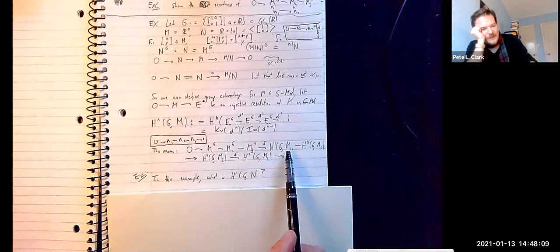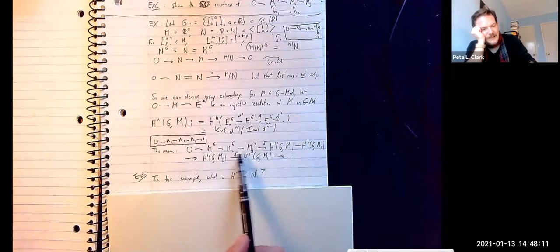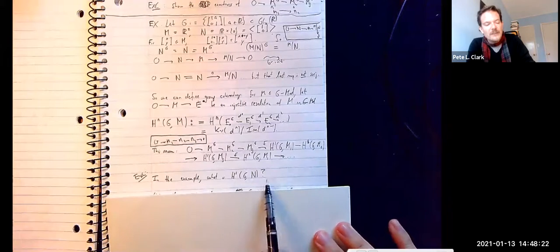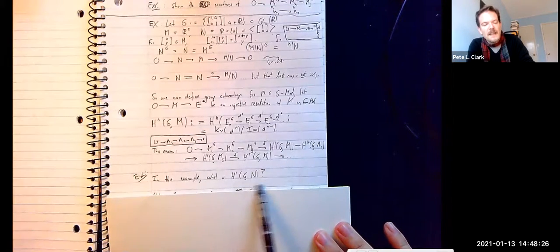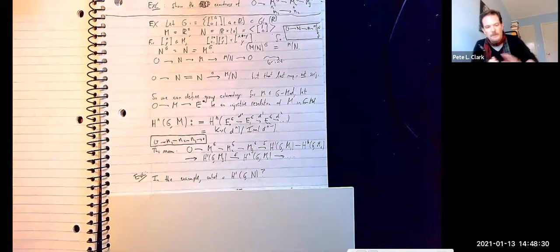If this map were the zero map, that would be equivalent to this guy being surjective. It isn't. Therefore, H1G of n must be non-zero in order for the surjectivity to fail. It's got nothing to do with class field theory or Galois cohomology, but you might want to ask yourself what this cohomology group actually is in our example.